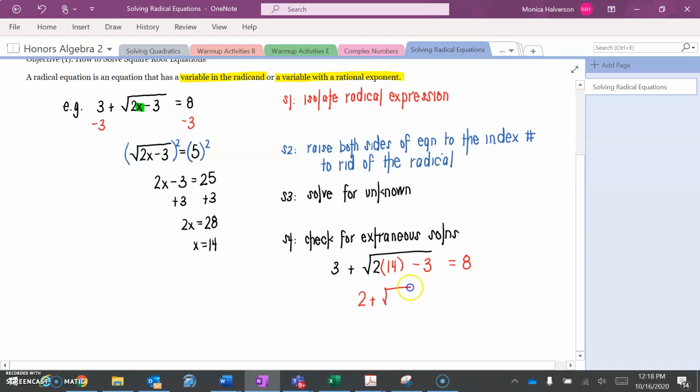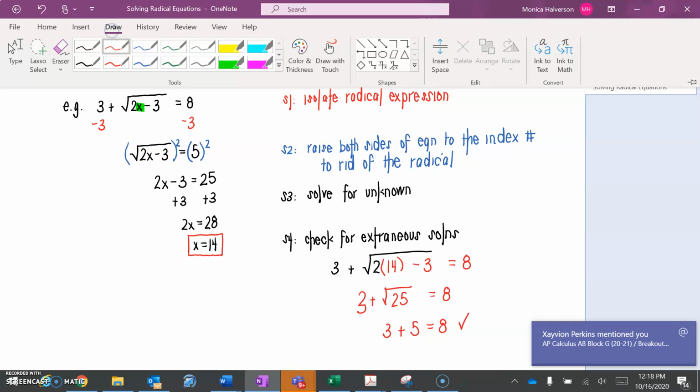So we get 3 plus the square root of 25 equals 8. So 3 plus 5 equals 8. That is a true statement. So this is the solution. Okay? All right. I'd like you to do one on your own, please.